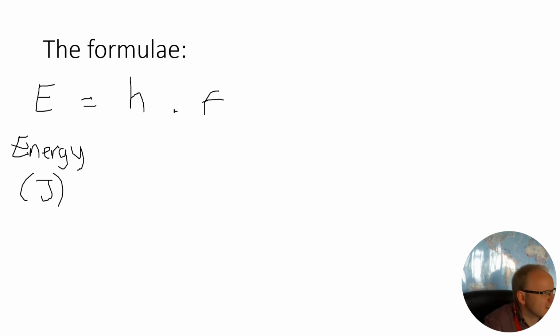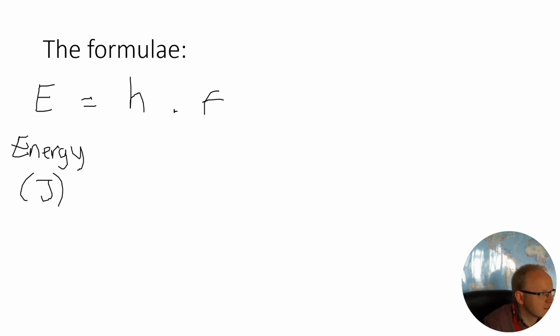What does H stand for? Have a look on your data sheet if not. There should be a piece of data on your data sheet that tells you what H is.